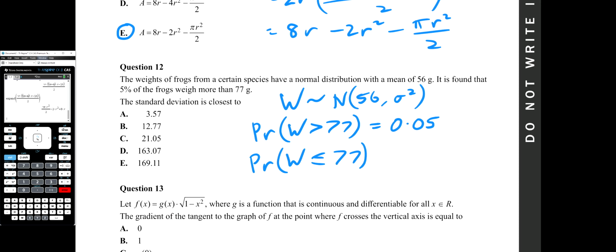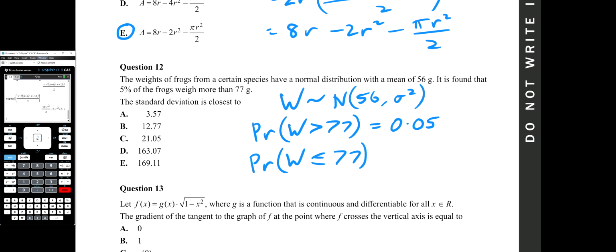So we're going to go menu 3 1, solve, open a fraction, 77 minus 56 over sigma, and I'm just going to call that S for simplicity, is equal to inverse normal, menu 5 5 3, inverse normal, and the area is going to be 0.95.